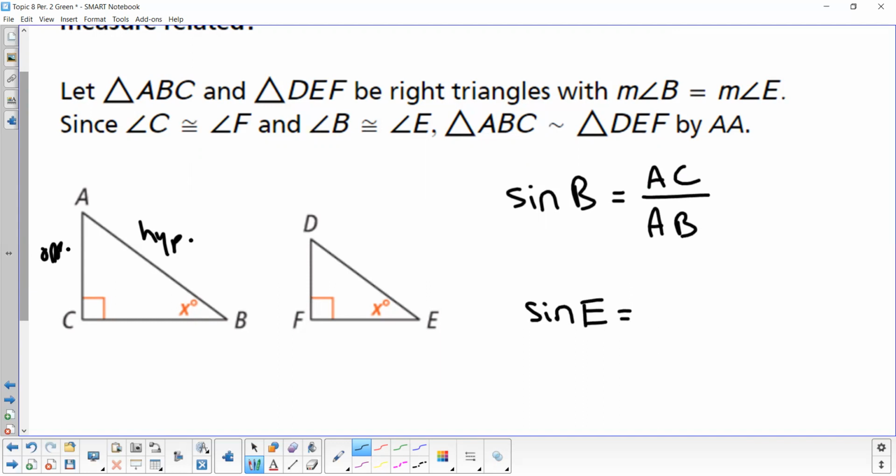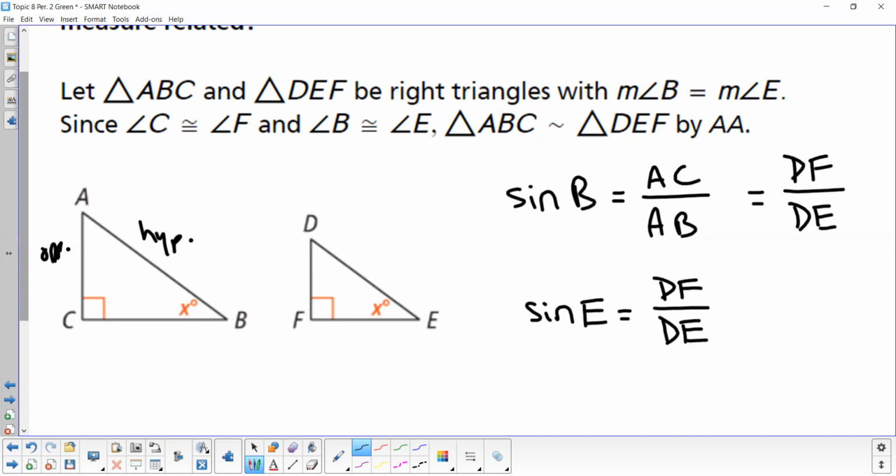How about the sine of angle E? DF is the opposite side over DE. Now, since those angles are the same, and since the triangles are similar, these are always going to be the same.